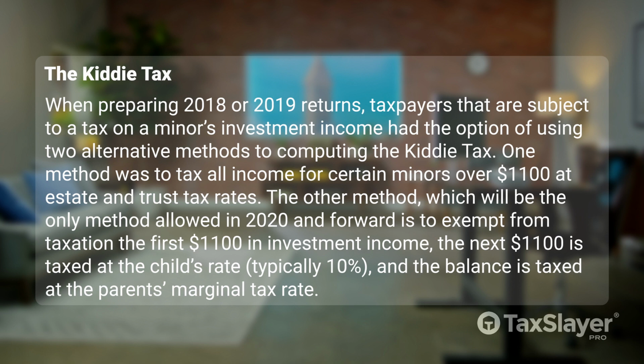The other method, which will be the only method allowed in 2020 and forward, is to exempt from taxation the first $1,100 in investment income. The next $1,100 is taxed at the child's rate, typically 10%, and the balance is taxed at the parent's marginal tax rate.